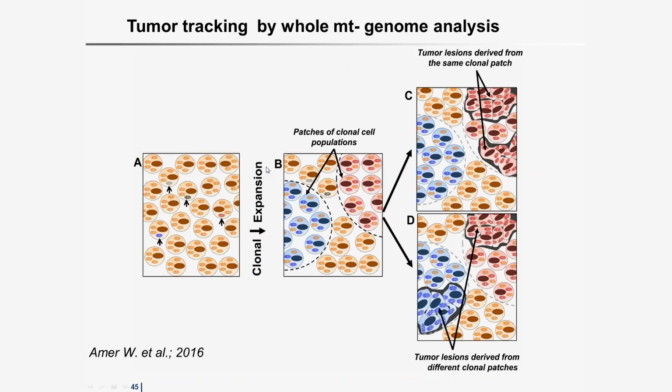So in conclusion, whole mitochondrial genome analysis gives us the opportunity to follow up some tumor cells, their clonal expansion, and also we can determine if lesions are monoclonal or from different sources.